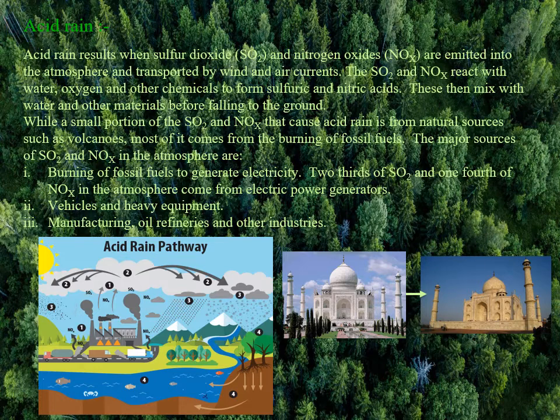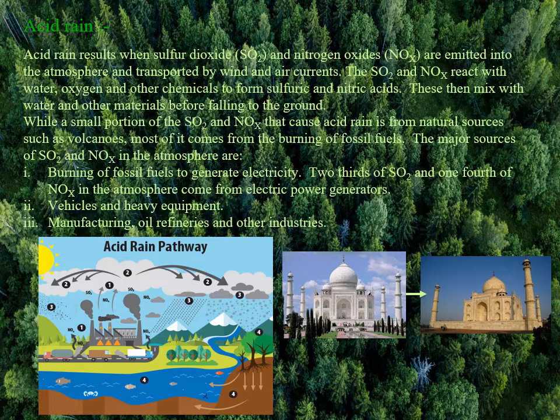Results of acid rain: when sulfur dioxide and nitrogen oxide are emitted into the atmosphere and transported by wind as well as air currents, the sulfur dioxide and nitrogen oxides react with water or moisture, oxygen, and other chemicals to form sulfuric and nitric acids.